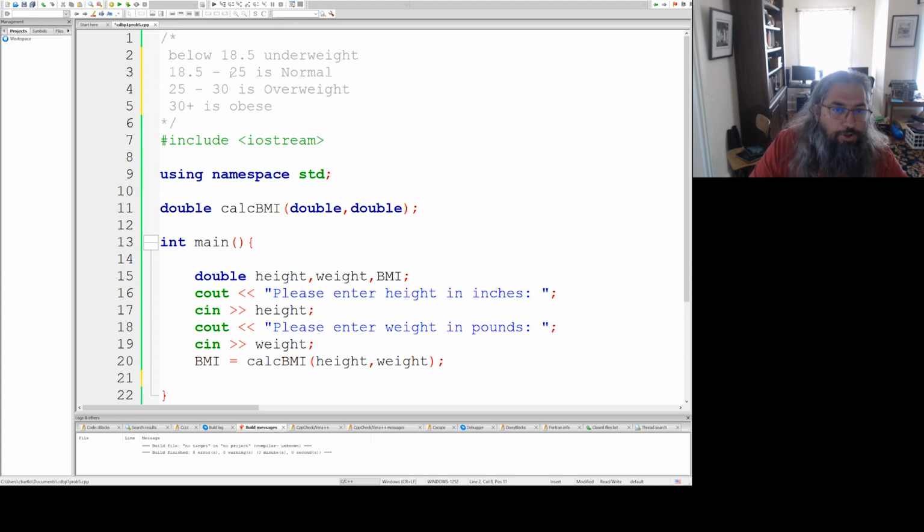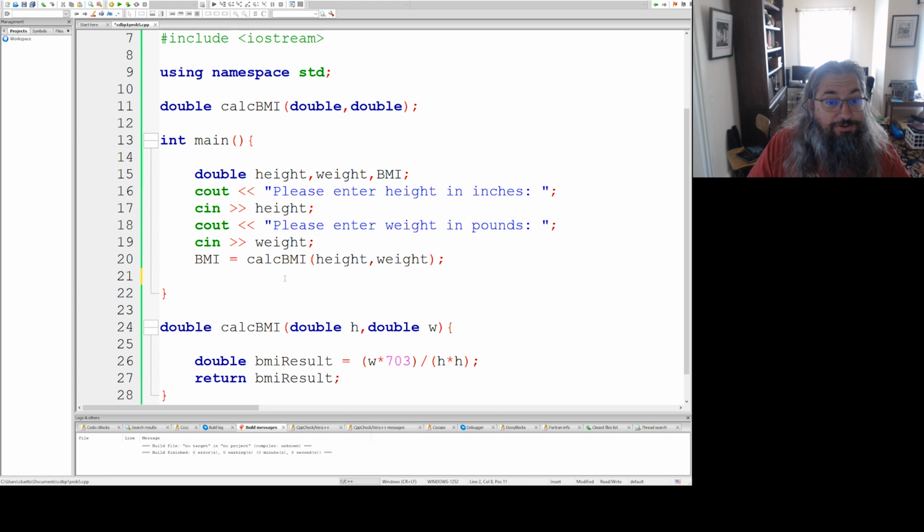And if you're below 25, you're normal. And if you're below 30, you're overweight. And if you're 30 or above, obese. That sort of makes sense. So I'm going to sort of say the upper end is actually in the other category. And that'll sort of be my assumption about how to do it.